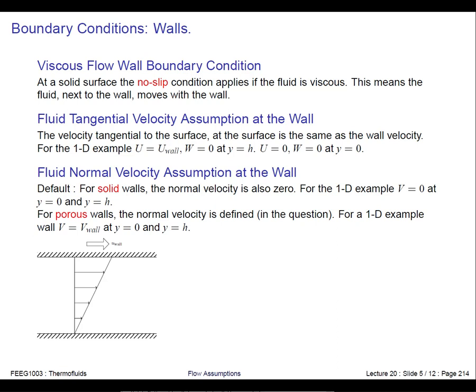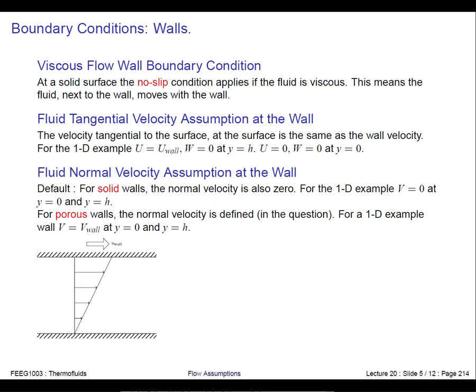One will be, these will lie on the wall, and then the normal component is the component pointing into or out of the wall. So the tangential velocity assumption is that the fluid moves at the same speed as the wall.